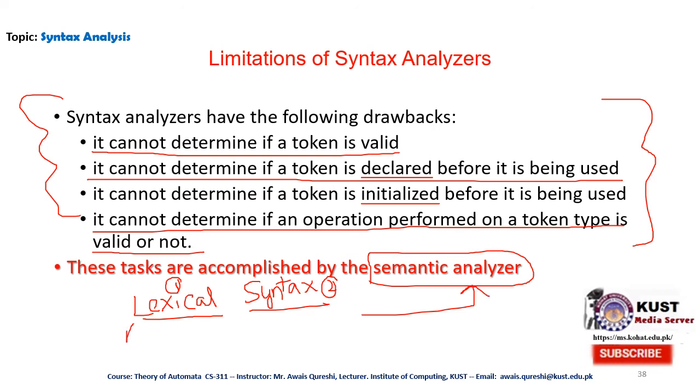In the first phase we have used finite automata and regular expressions, and in the second phase of a compiler we have used CFGs, context-free grammars. So you now have basic knowledge of why we have studied finite automata, context-free grammars, context-sensitive grammars and non-deterministic finite automata. These concepts are used in different phases of a compiler. The third phase we will study later on.